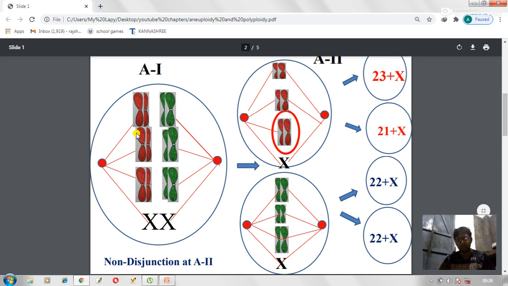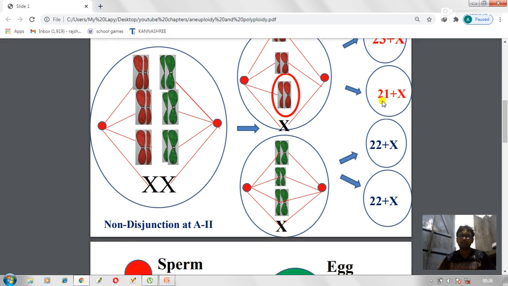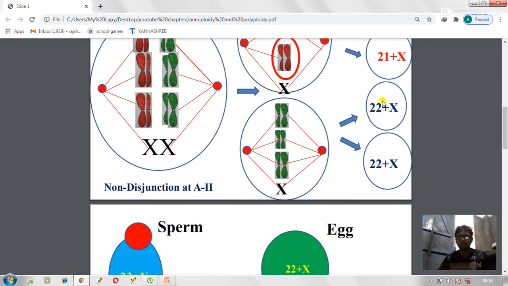So when chromosomal non-disjunction occurs at anaphase 1, then 100% of gametes, all 4 gametes, will be defective, and when chromosomal non-disjunction occurs at anaphase 2, then only 50% of gametes will be affected, or will be of abnormal type.